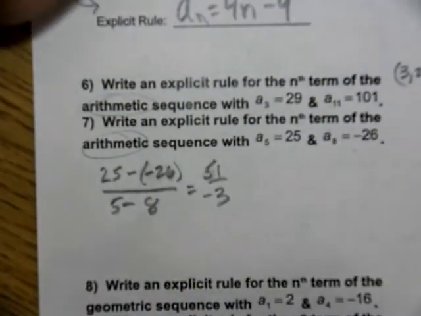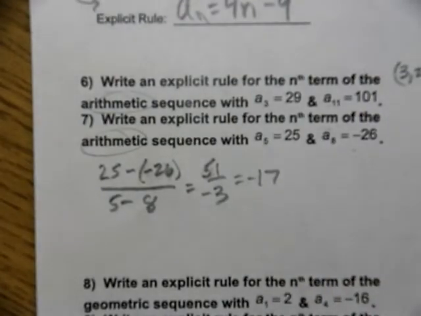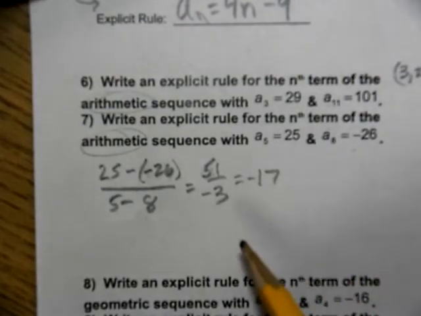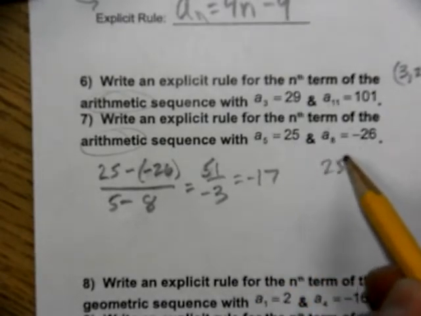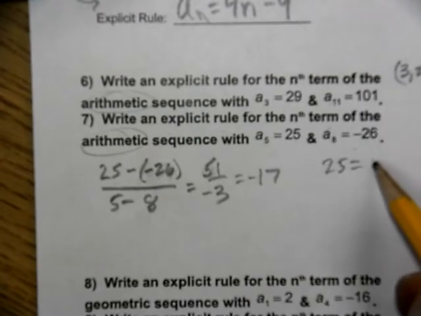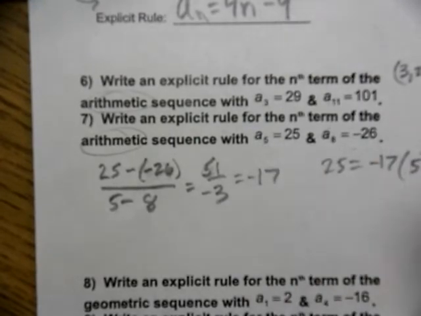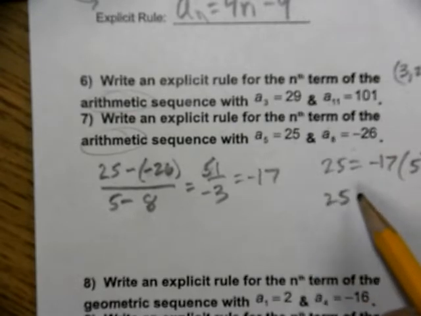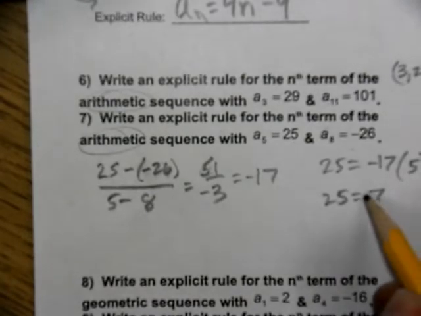That's better. Alright, so that's -17. And we'll take our point, 25, equals our slope times our x plus b. So that's -17 times 5 is -85.